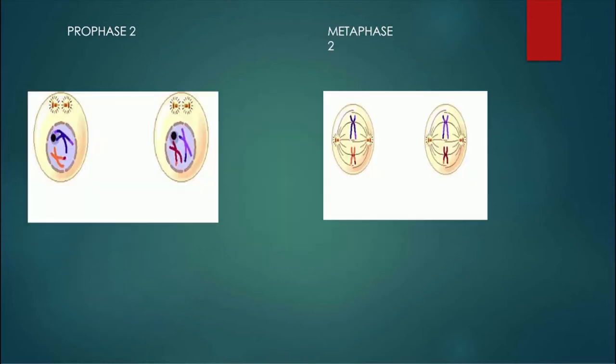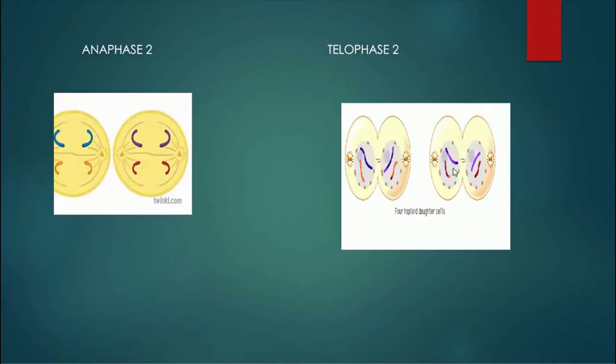In prophase 2, a new set of spindle fiber forms. The chromosomes condense. In metaphase 2, the chromosomes, not homologous chromosomes this time, align themselves in the middle at the equator. And in anaphase 2, the chromatids separate, not chromosomes, right?